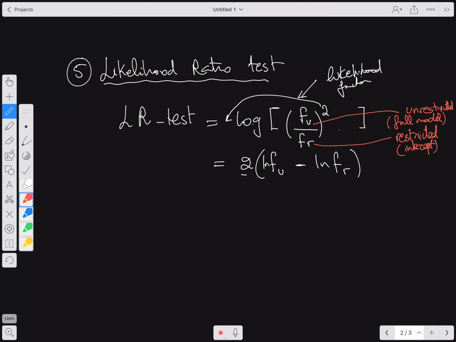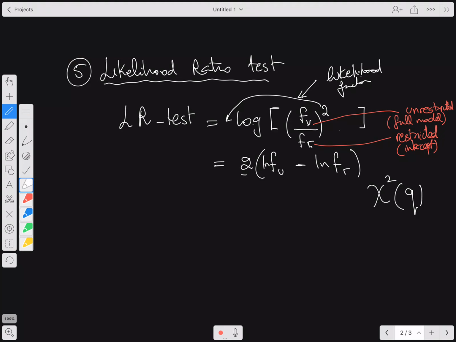Of course this one has a chi-square distribution with degrees of freedom equal to the number of restrictions I'm testing. So if I have 3 x's here and only the intercept there, then I have 3 restrictions. So we're going to have this q. It's q because I noticed one of the students is writing this as 9. It's not 9, it's q restrictions.